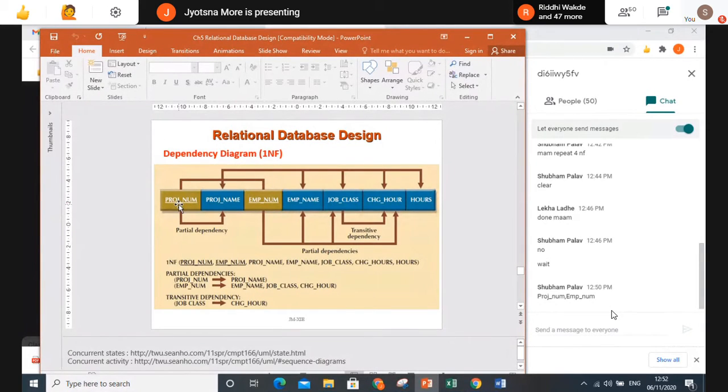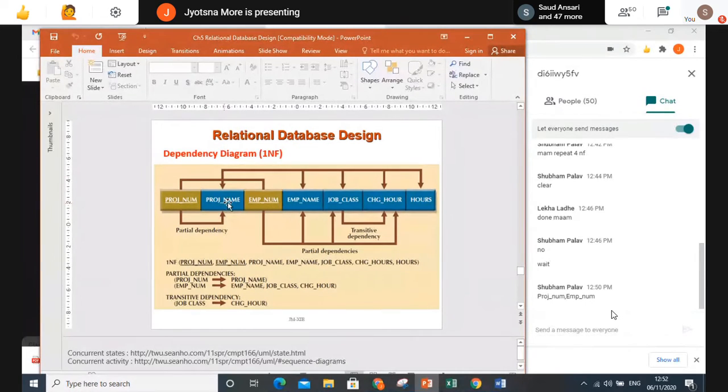First I have written project number determines project name, so this is done with this. Second I am writing project number and employee number. These two are determining. What are they determining?